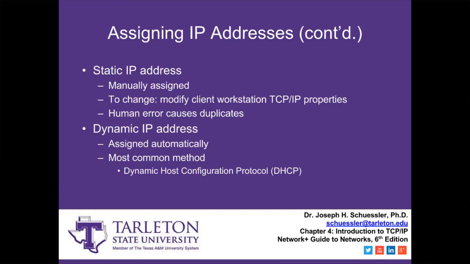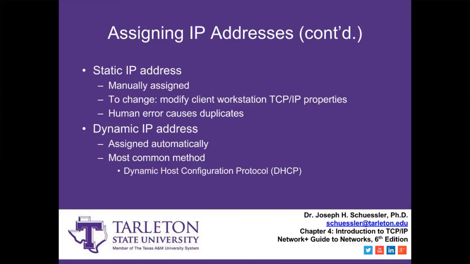It has a DHCP server built into it, but there are other DHCP servers available, and this keeps track of the IP addresses that are being assigned dynamically to the various hosts on the network. There are other dynamic configuration protocols out there. DHCP, though, is by far the most common.